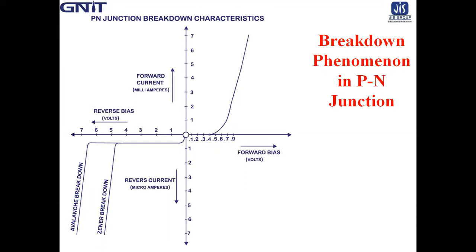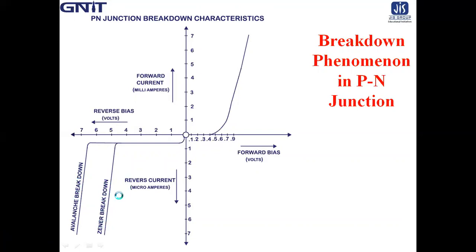An avalanche breakdown occurs in almost all PN junctions through impact ionization and avalanche multiplication process at high reverse voltage up to thousands of volts. So normally avalanche breakdown occurs in PN junction diode and zener breakdown occurs in heavily doped zener diode.